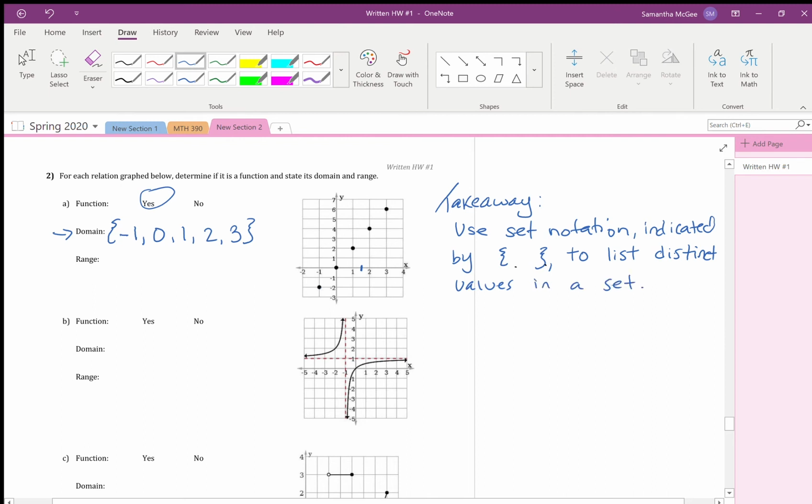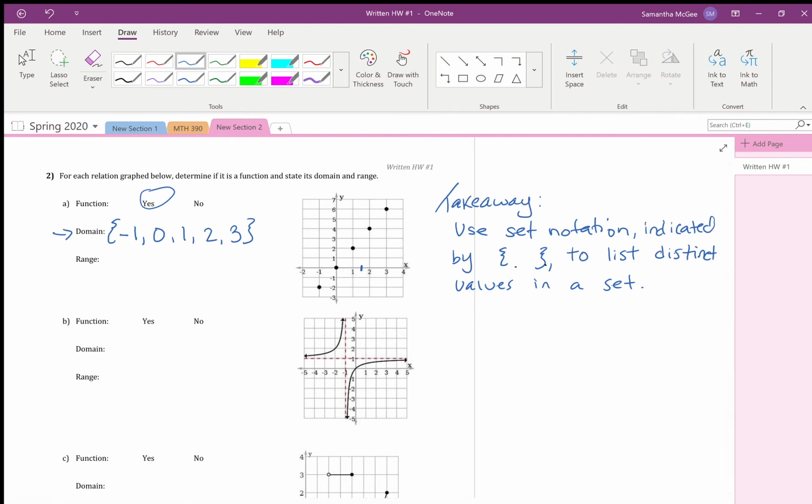Right? You could have 5 values like we do here. You could have 1 value. You might have 20, right? But it's the fact that there are individual distinct values that you need to list out. That's what tells us that we need to use set notation.